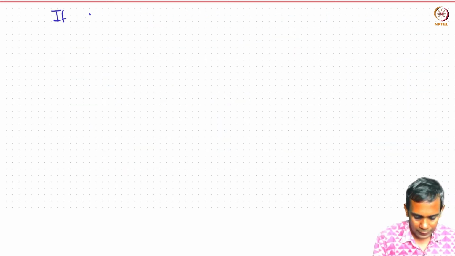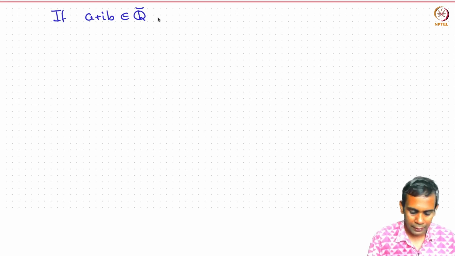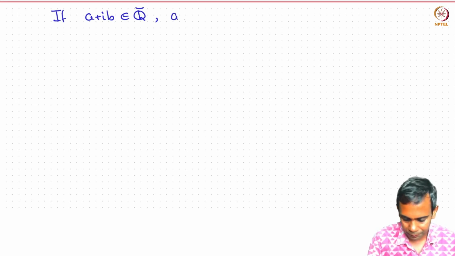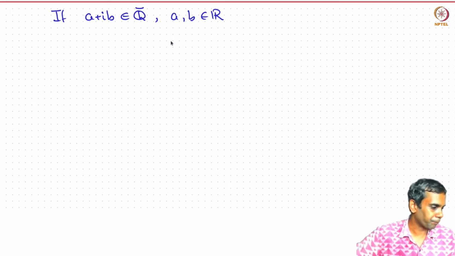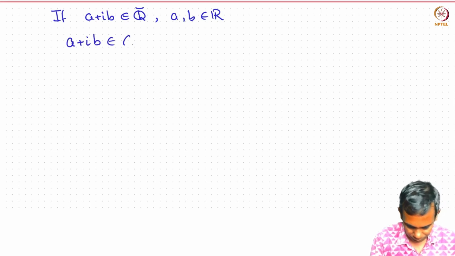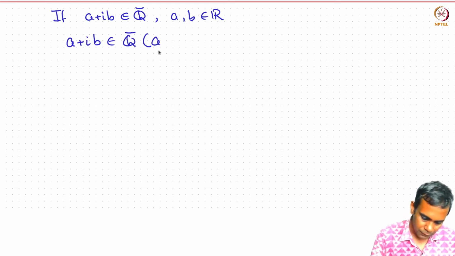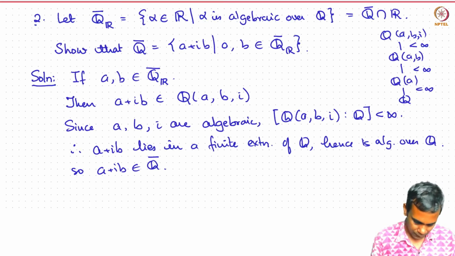Now if a plus ib belongs to Q bar, where a and b are real numbers, we want to show that a and b lie in Q bar R. So first we'll use problem 1.